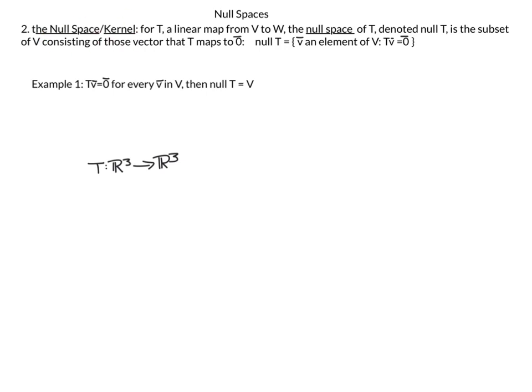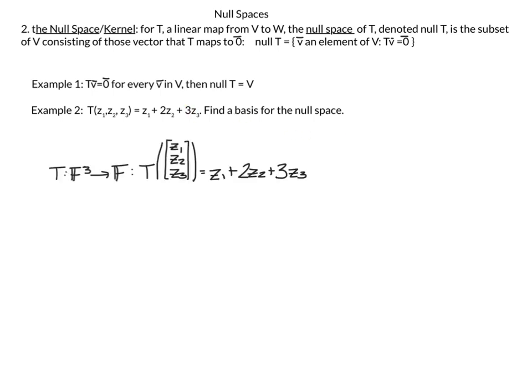So that's kind of my diatribe to tell you how the null space, or the kernel, can tell you a lot about a transformation. Our next example, we saw it in our overview, but we'll go through it in more detail here. We have the transformation that takes z1, z2, z3 to a single scalar, z1 plus 2z2 plus 3z3. We want to find a basis for the null space. I'm just going to write this in column vector form.